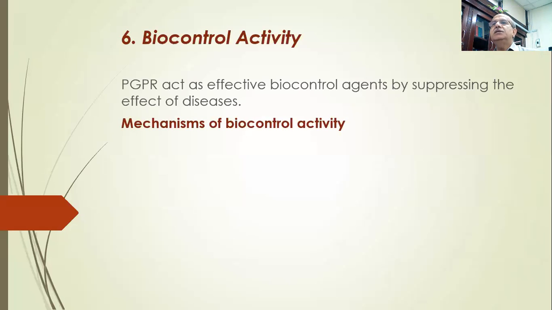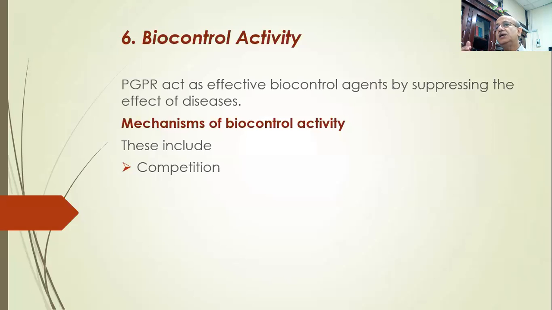What are the mechanisms of biocontrol activity? These include competition. When there are PGPR, they will compete with the pathogens present there, and if the PGPR win that competition, they will suppress the pathogens.